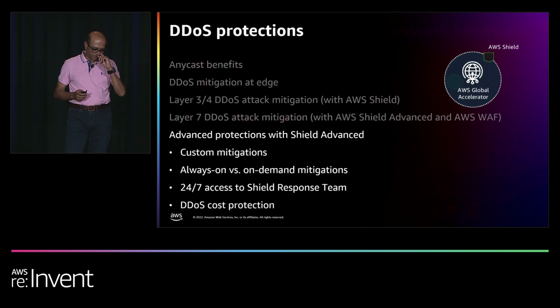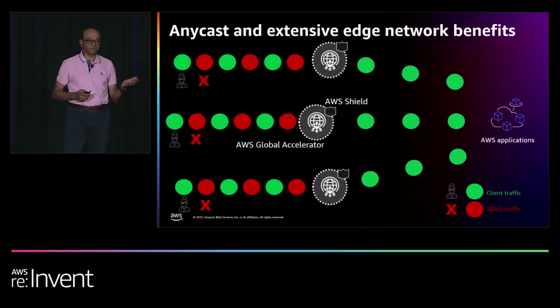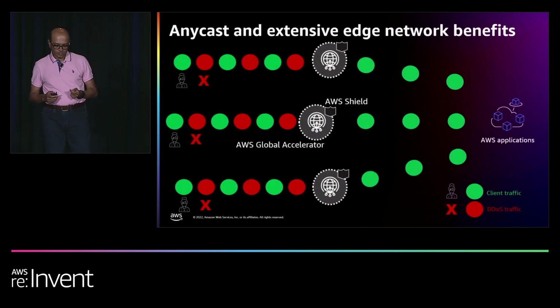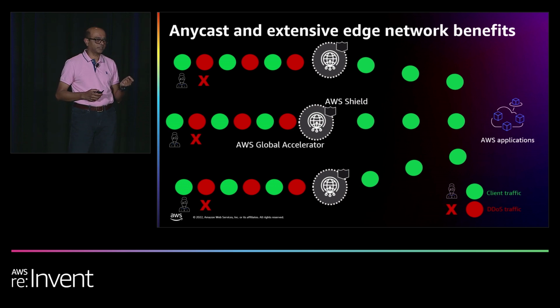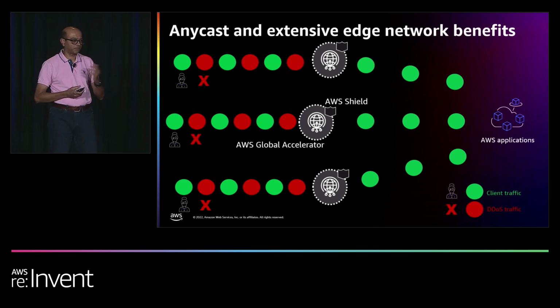Now, speaking of protected resources, Global Accelerator is a protected resource for Shield. So that means as a Global Accelerator customer, every single Global Accelerator customer gets the benefit of those protections from Shield. You apply these protections at the edge so that you're effectively creating less congestion on your regional endpoints and creating more mitigation capacity as well.